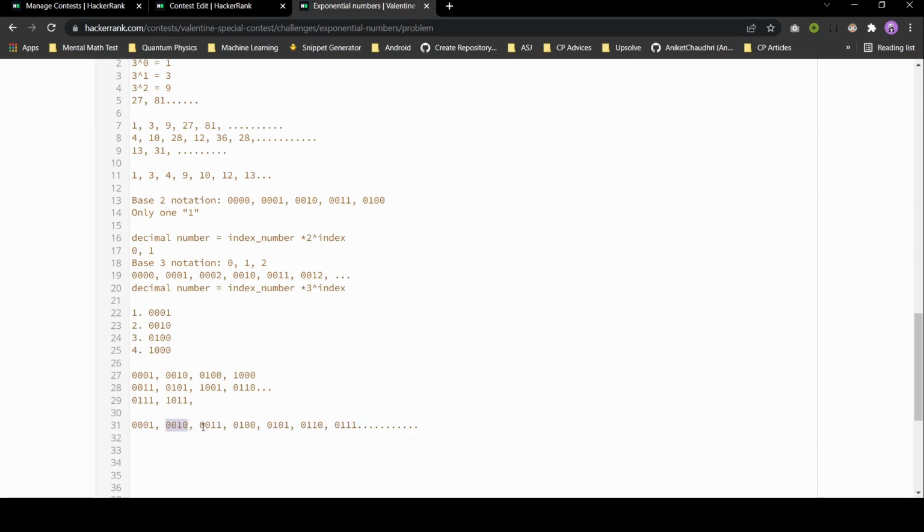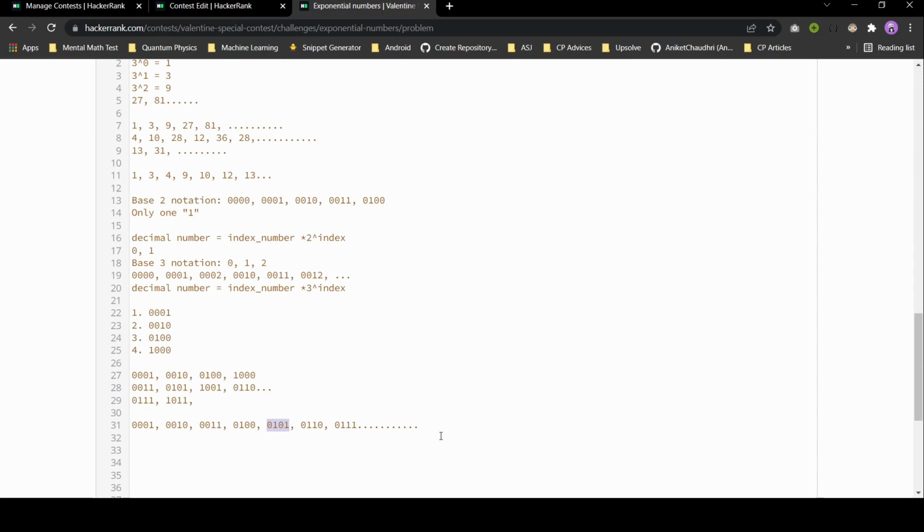If you convert them into decimal numbers, considering this is base 2, this is 3, this is 4, this is 5, this is 6. And if we take the fifth number here, 1 2 3 4 5, this is our fifth number, but in actual reality this is base 3 notation.